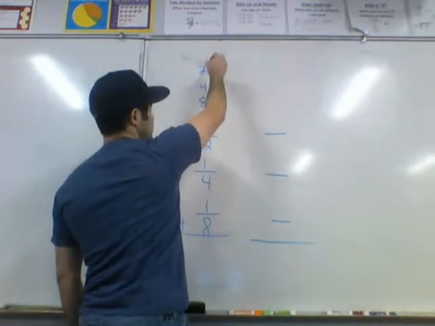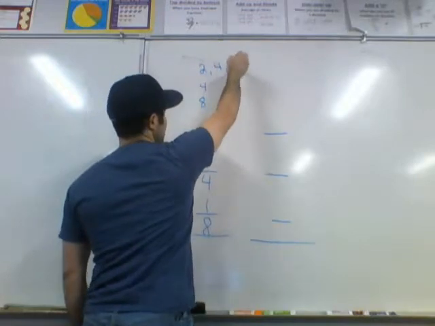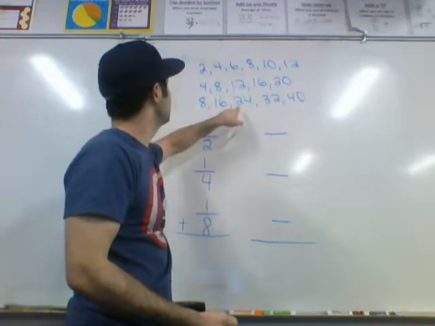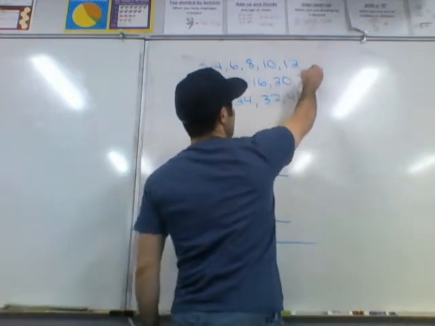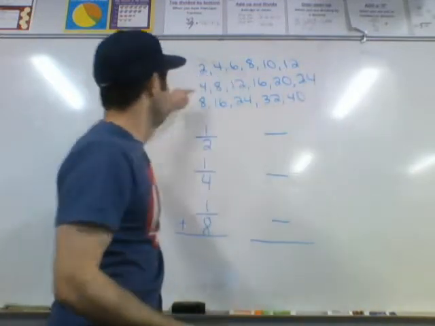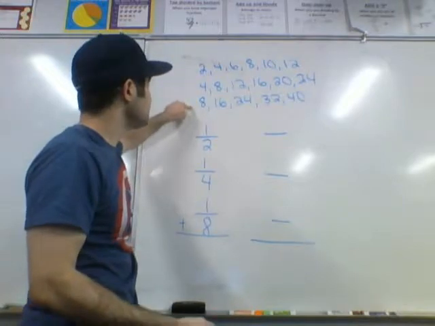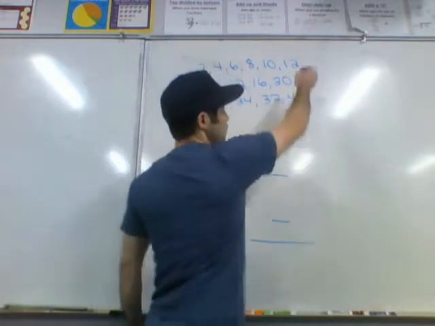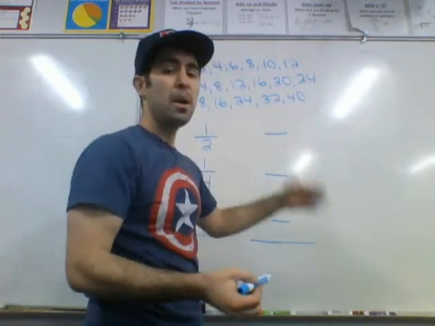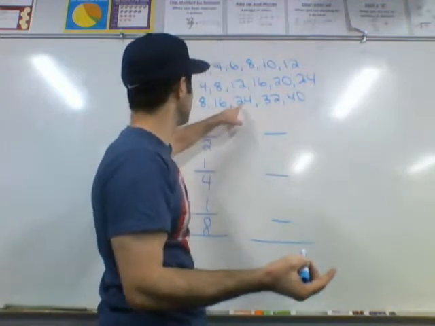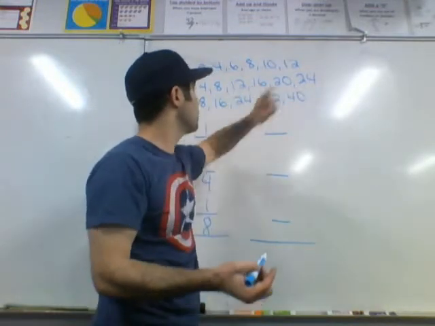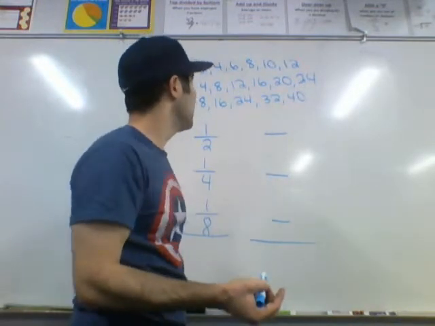2, 4, 6. Oh, cool. 24 would be a common multiple for 4 and 8, right? And it would be a common multiple for 2 as well, but that's not the least common multiple. So let's go to a smaller one. 16 is a smaller multiple, but there's one that's even smaller.